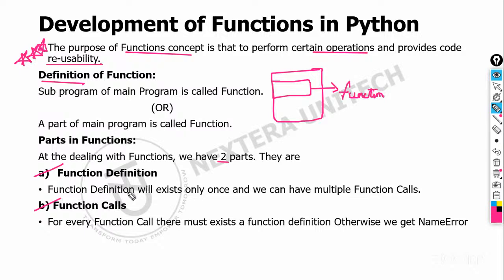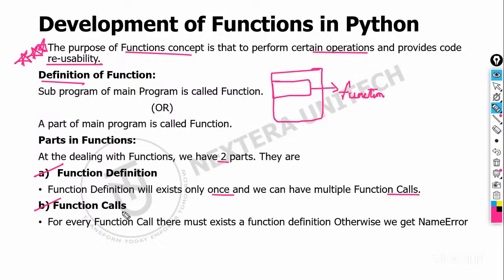So when it comes to function definition, it will exist only once. So we have to define the function, right? And this can exist only once. And we can have multiple function calls. Function calls refer to calling the function.